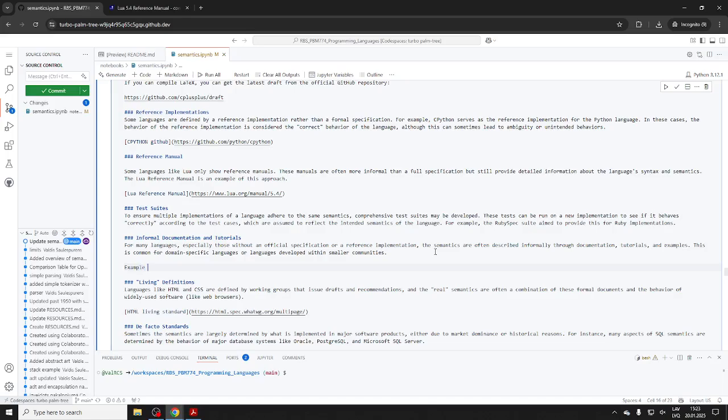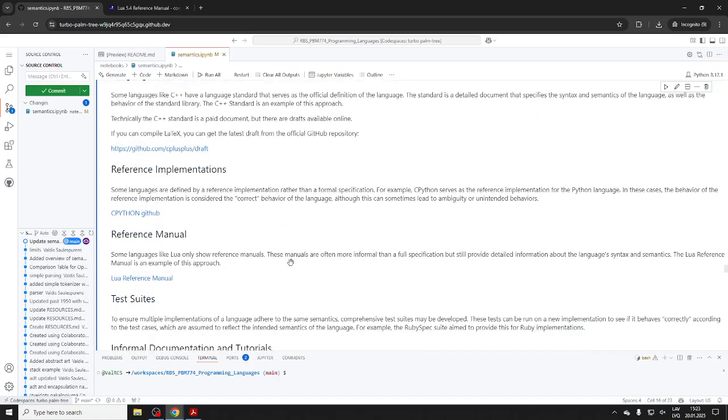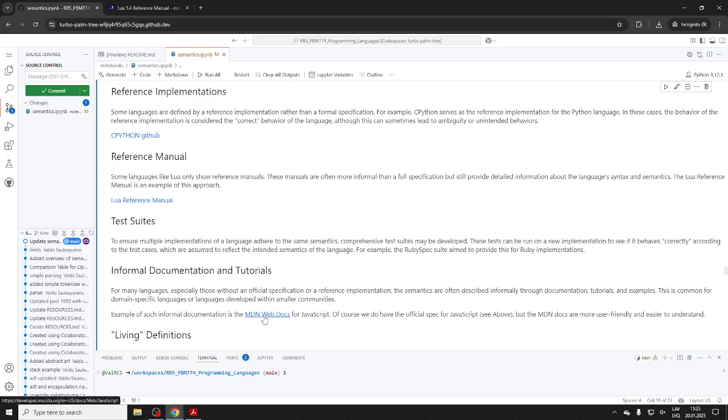Example of such informal. Well, it claims MDN web docs. Well, yes and no. Of course, we do have the official spec. So this is interesting, right? So MDN, right? Of course, for JavaScript, web docs would be friendlier, right?